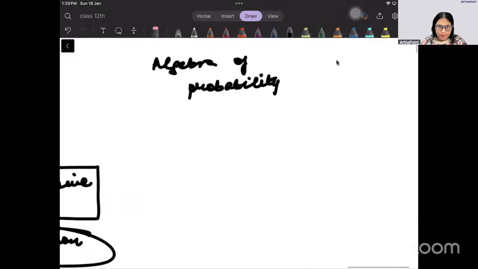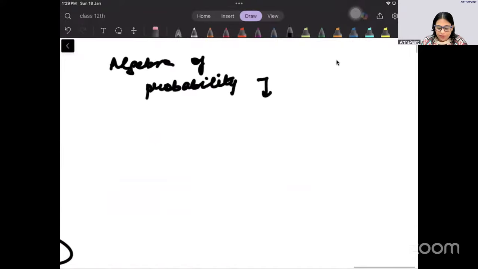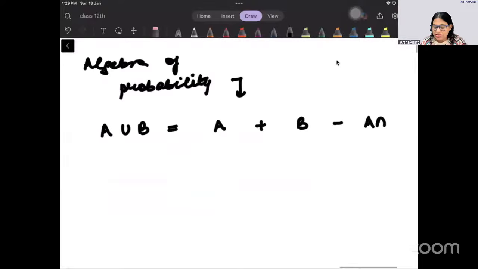So we know that in set theory, A union B is A plus B minus A intersection B. And in probability, we just use P everywhere. This is also true for probability.